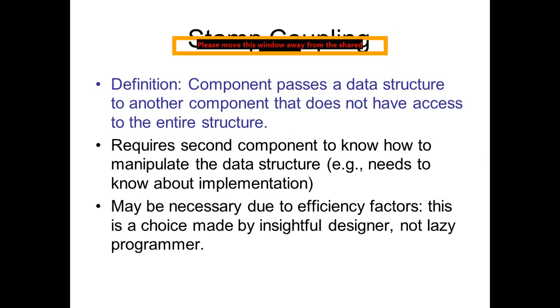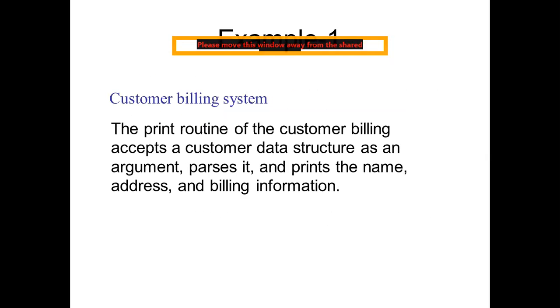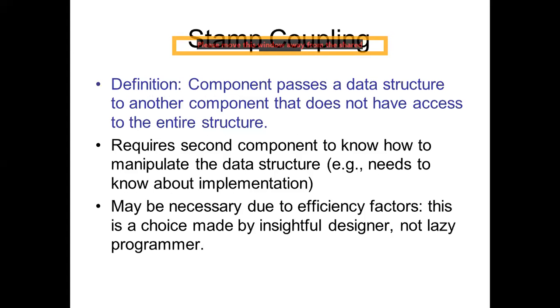Now this is the example related to the stamp coupling. The print routine of the customer billing accepts a customer data structure as an argument. Here, it parses or divides and prints the name, address, and billing information. For the customer billing system, it is one of the examples. Here, we can say a component passes a data structure to another component that does not have access to the entire structure.